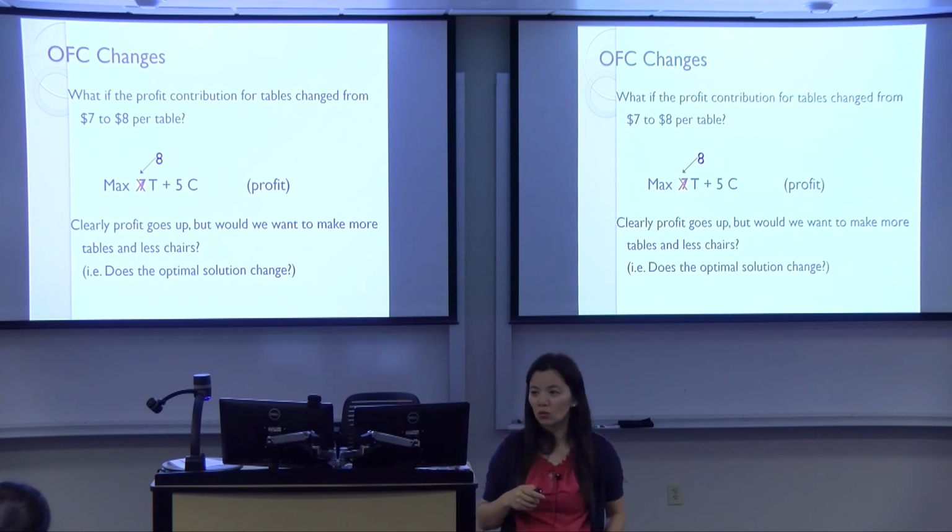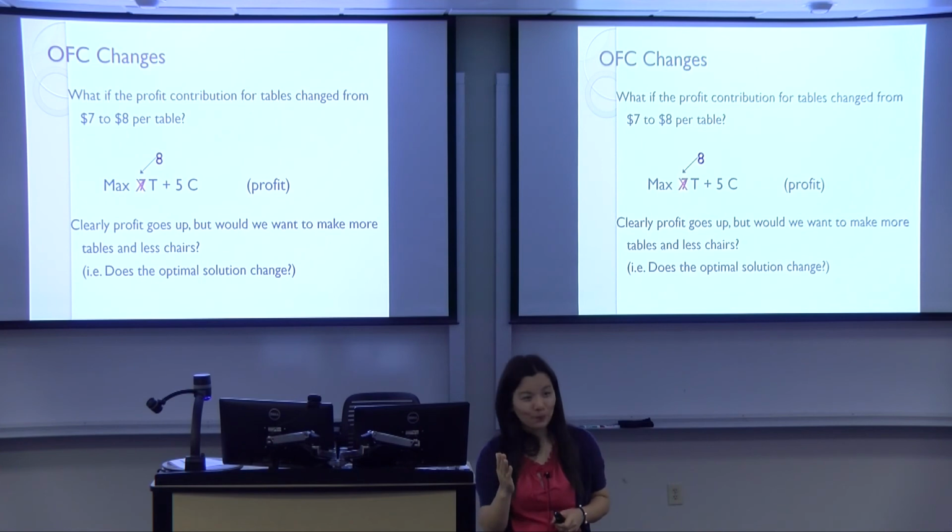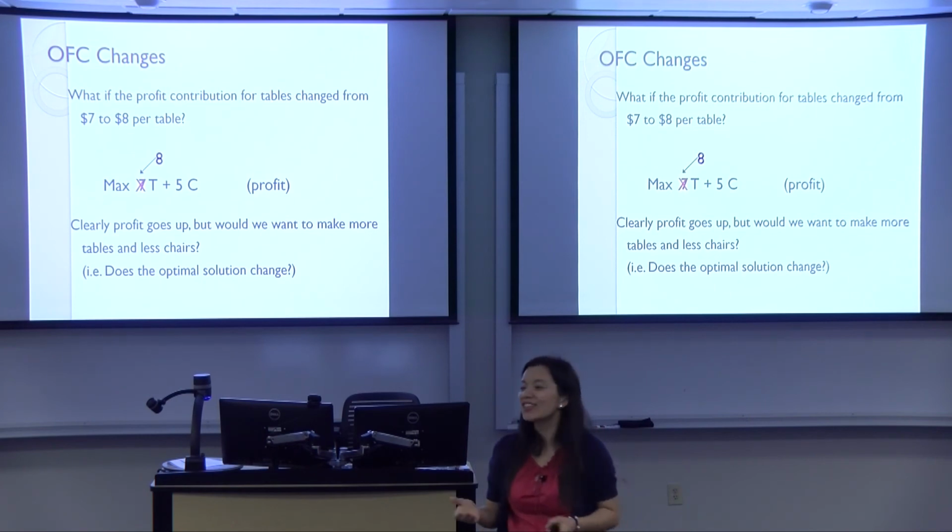Yes, no? Think about the change in the graph, the profit line. If you change the coefficient, you change what? The slope, right? Do you think the optimal solution, the corner point, will change? Maybe. It could change.